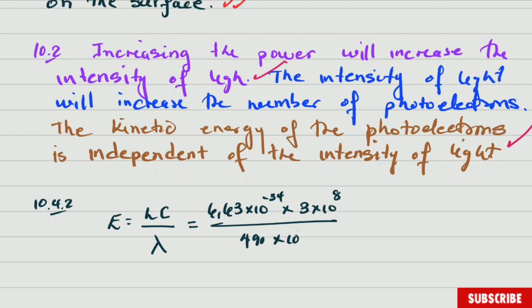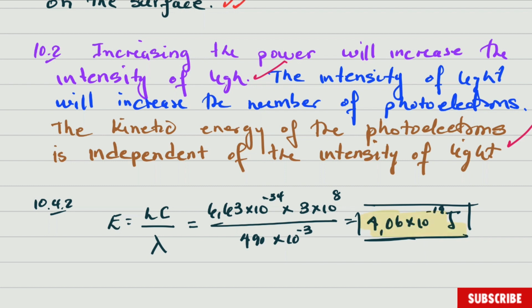Therefore, you say times 10 to the minus 9. And when you calculate that one, you will get that the energy of the photon is 4,06 times 10 to the minus 19 joules, and this is the answer here. Okay, that is the final answer.